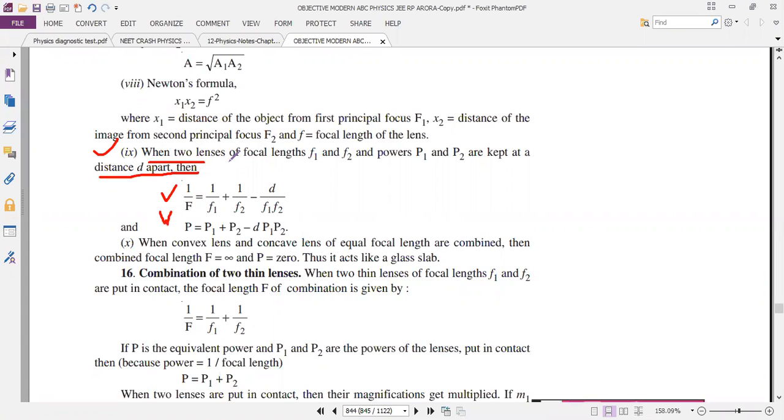You can use this formula for questions like this. Take notes. This chapter is very important. In competitive exams they ask a minimum of 3 questions: in JEE Main 2 questions, in NEET 3 questions. They are fixed. One is relevant to lens, another one mirror, another one optical instruments: eye, microscope, compound microscope, telescope, astronomical telescope, like that.